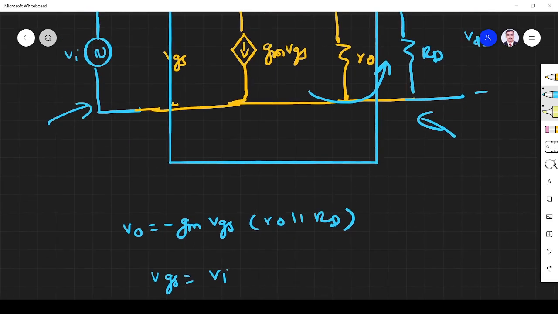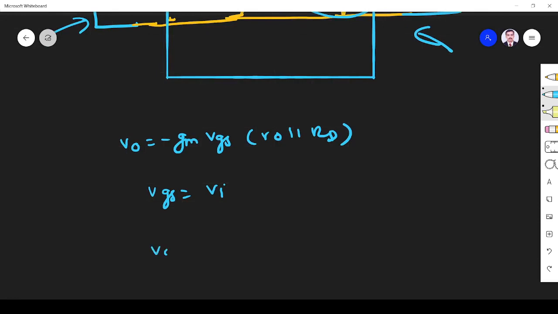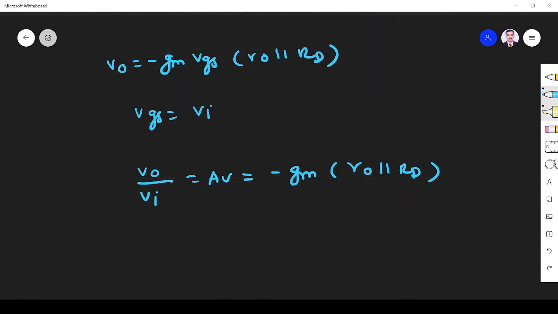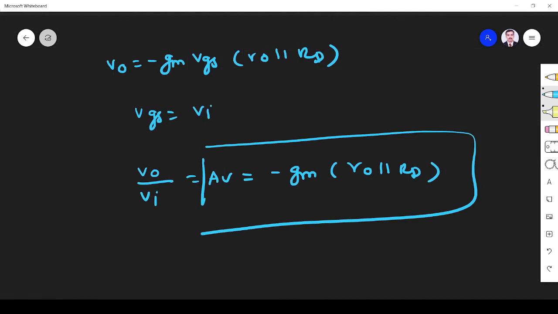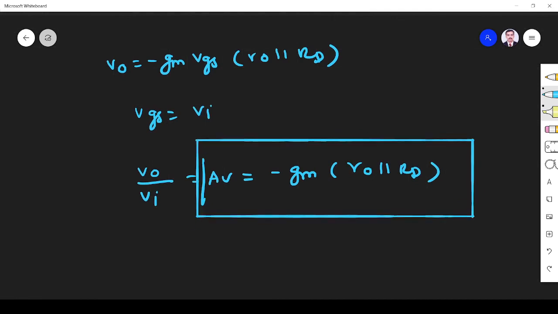That's what we have studied in AC parameters. So what is VO by VI? That is AV. So small signal gain is minus GM (RO parallel RD). This is a very, very important equation. So this is the small signal voltage gain.